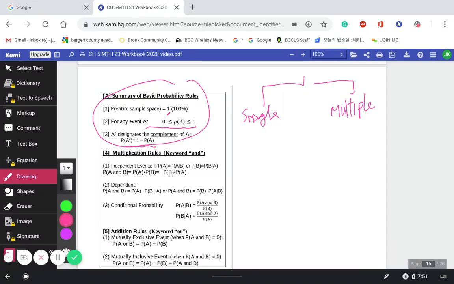When you have multiple events, there are independent and dependent. And when you use the multiplication rule, you look for AND. When you look for the addition rule, you look for OR.